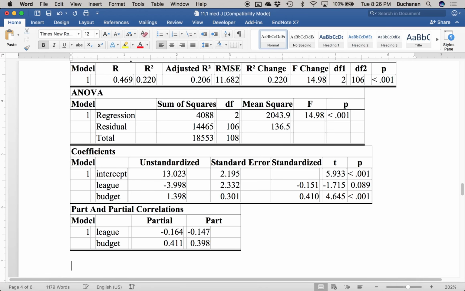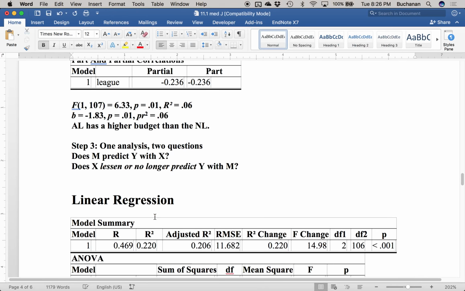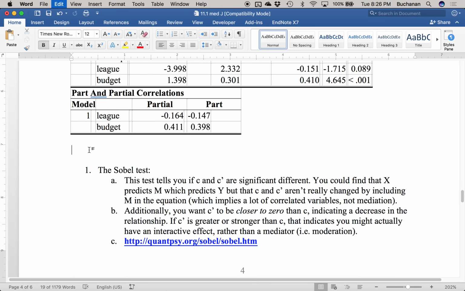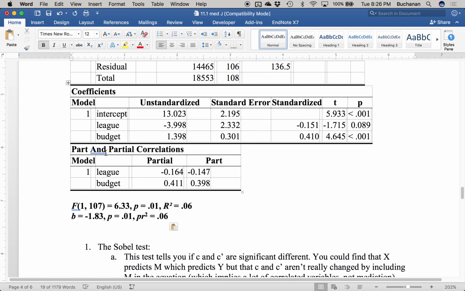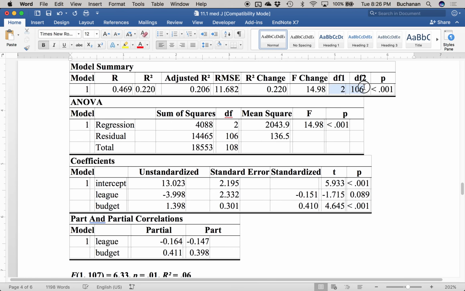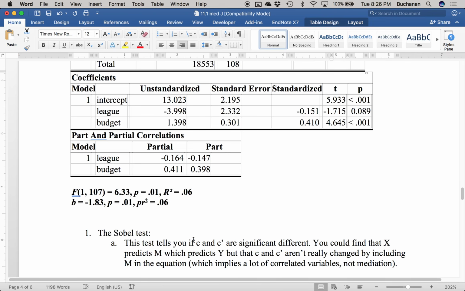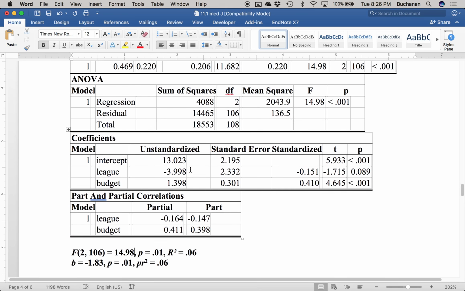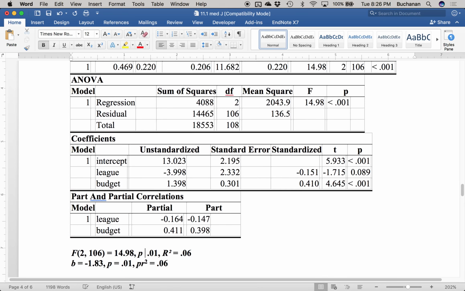Step 3 here has one F statistic, which is 2 and 106, about 15. It is significant, less than 0.001.